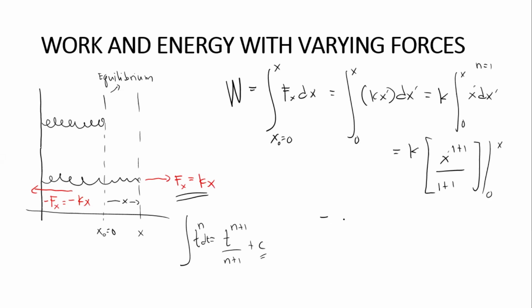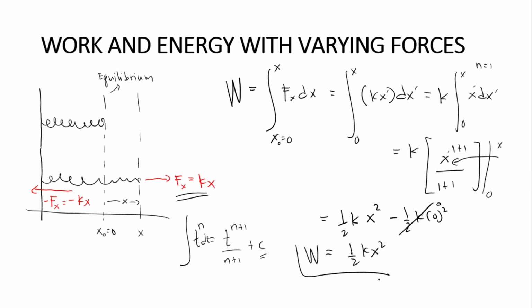So this is now equal to 1 half k x squared minus 1 half k 0 squared. This is equal to 0. This is the boundary: you substitute the upper limit x prime, minus the lower limit. So the work done is equal to 1 half k x squared in that specific case.